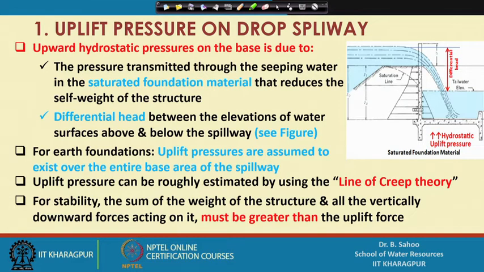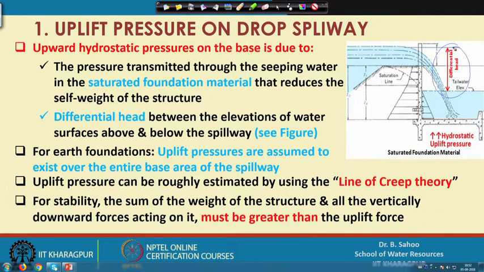At the upstream side there is depth of water, and at the downstream side there is tail water, and the difference between these two water surface elevations is the differential head, and this differential head gives additional energy head, and that is exerted on the saturated foundation material. So, because of that the soil pore water pressure develops.